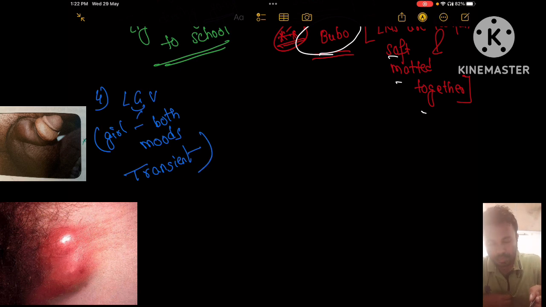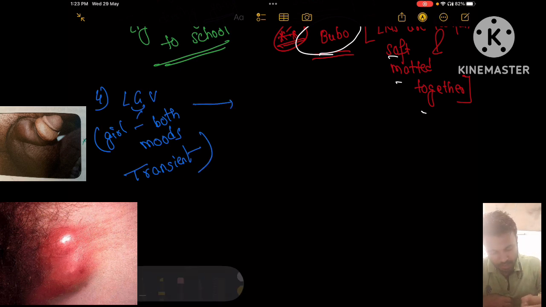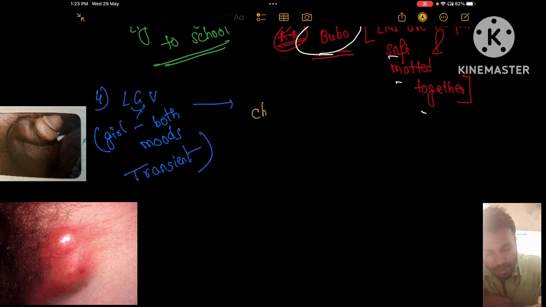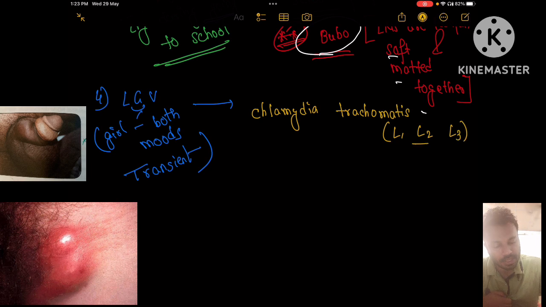So LGV is caused by Chlamydia trachomatis. L1, L2, L3.